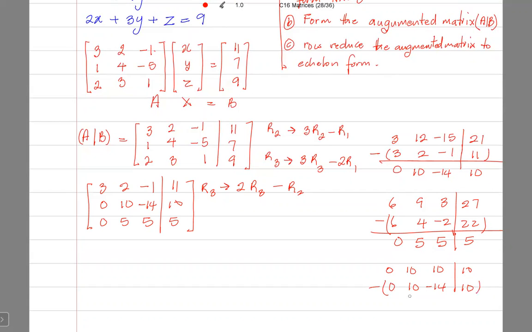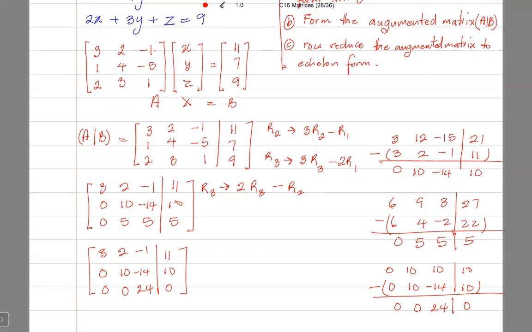So let's subtract and we get 0, 0, 24, 0. So right now we should be at 3, 2, minus 1, 11. 0, 10, minus 14, 10. And row 3, 0, 0, 24, 0.